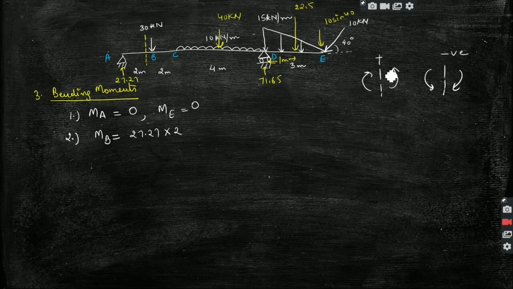So this will have a clockwise moment, so we will take it to be positive. So we are getting the value as 54.54 kilonewton meter, right? Next, calculation of moment at C. So now I will take a section here.